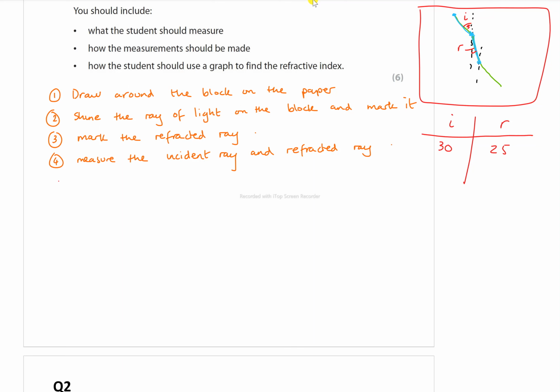Then what I do is change the angle of incidence and also measure the angle of refraction.